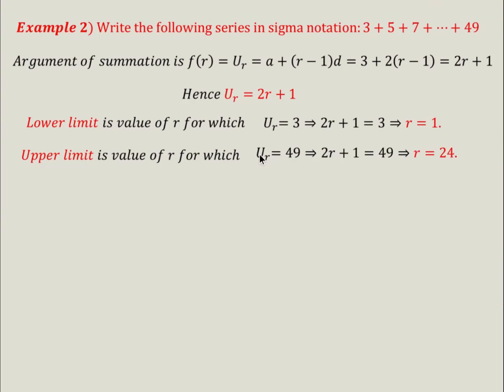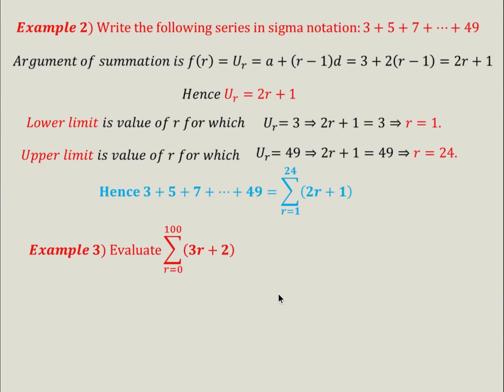So we proceed to have ur equals 49, which gives 2r plus 1 equals 49. And upon solving for r, we have 24 as the upper limit. We can then write our series in sigma notation, which would be summation from r equals 1 to 24 of 2r plus 1.